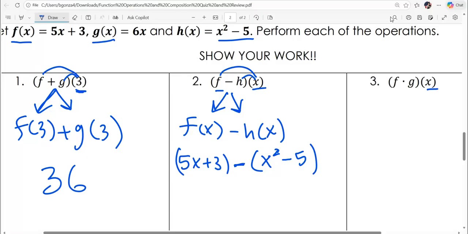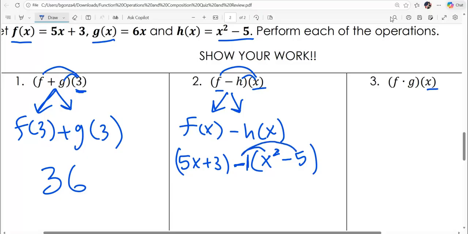Now, this is where it gets hard, but follow me. Minus sign means what? Minus 1, right? The negative means a negative 1. So put a little 1 there, right here. And then you need to distribute. Multiply. This times this, and this times this.